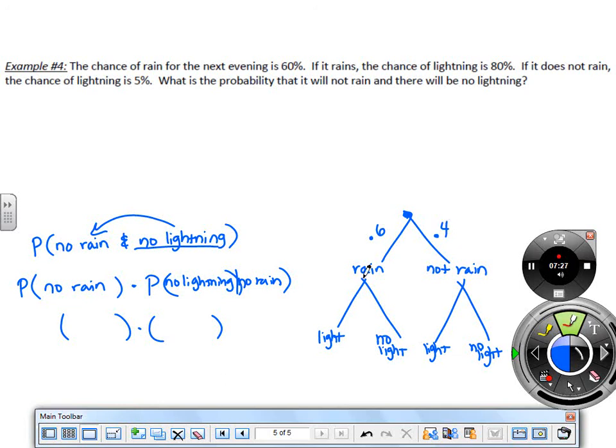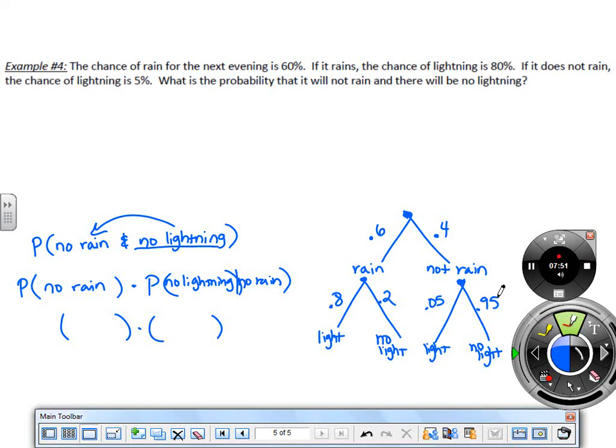Then at each case, once it's rained, lightning or no lightning. It said if it rains, the chance of lightning is 80%, which means the chance there will not be lightning is 20%. If it doesn't rain, so if you're over here in this situation, the chance of lightning is 5%, which means the chance that there isn't lightning would be 95%.